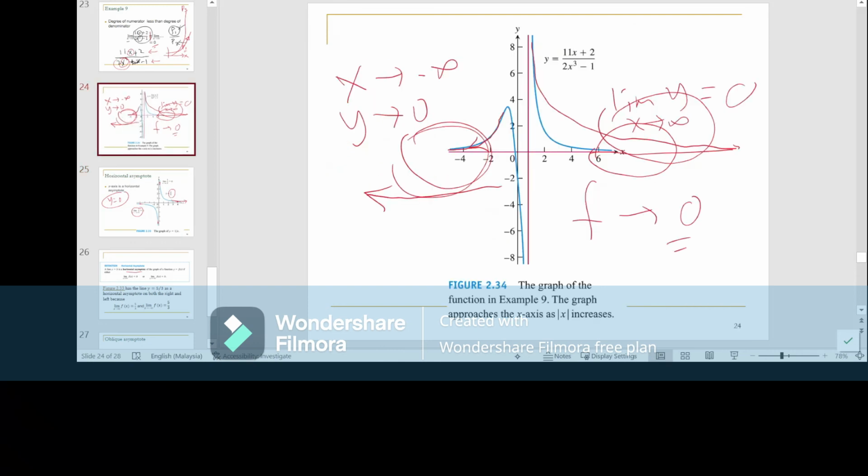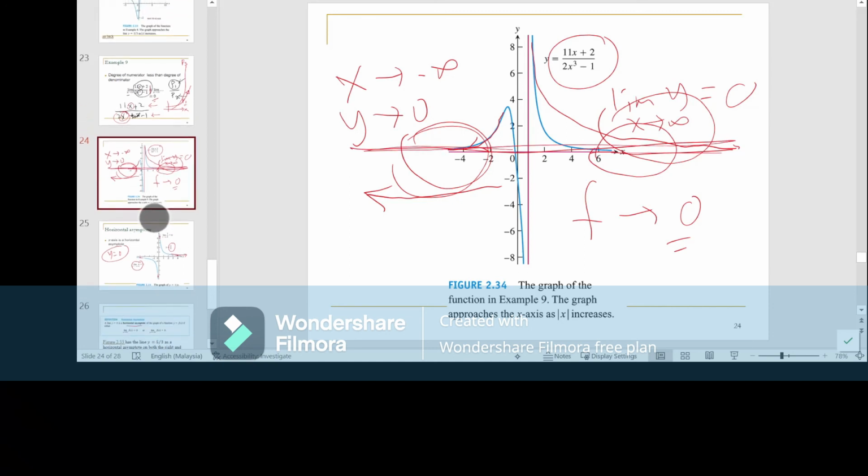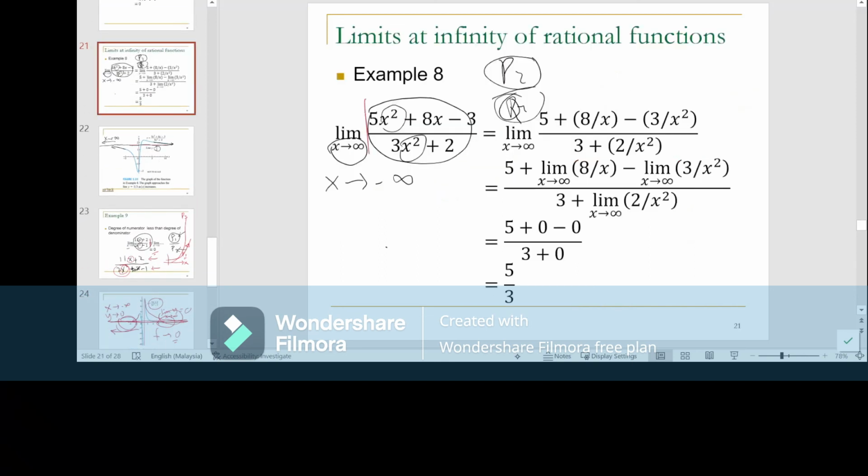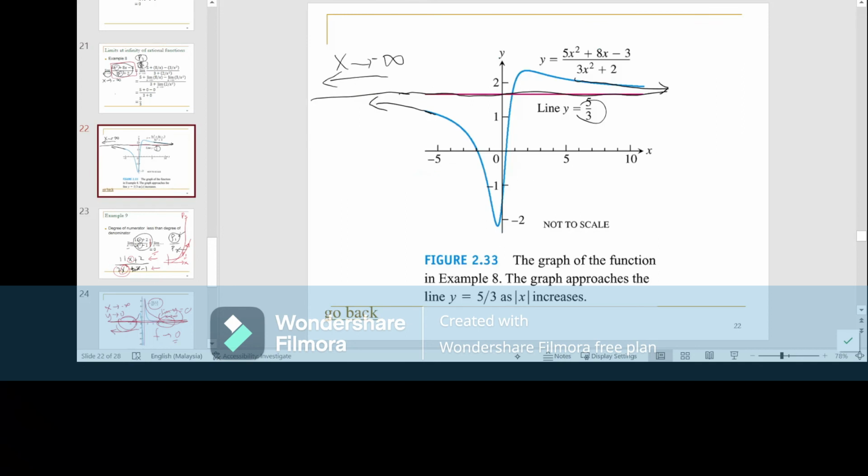In the case of this rational function, y equals 0 is also the horizontal asymptote. Whereas for example 8, for these rational functions, you can see that y equals 5 over 3 is the horizontal asymptote. It is a constant that the function tends towards when x approaches plus or minus infinity.